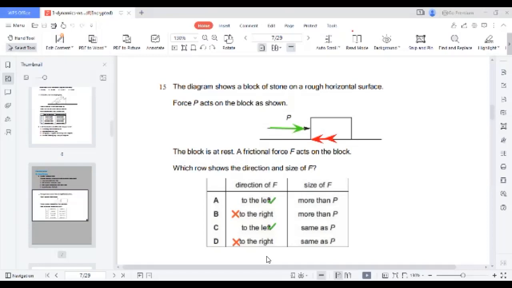We have both possibilities, it can be equal to P, okay, actually it is more than P. If it would be equal to this, then it will start moving with constant velocity. So the rest of the options are incorrect, and overall this option is correct.